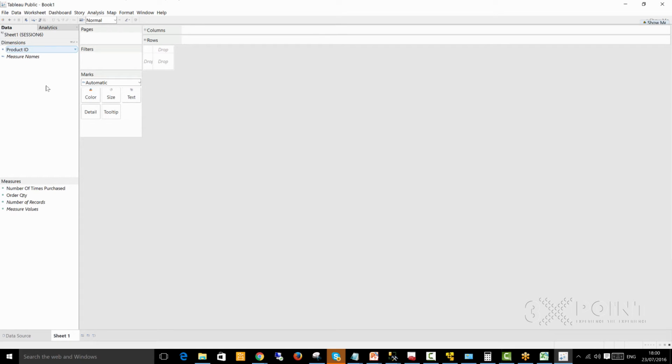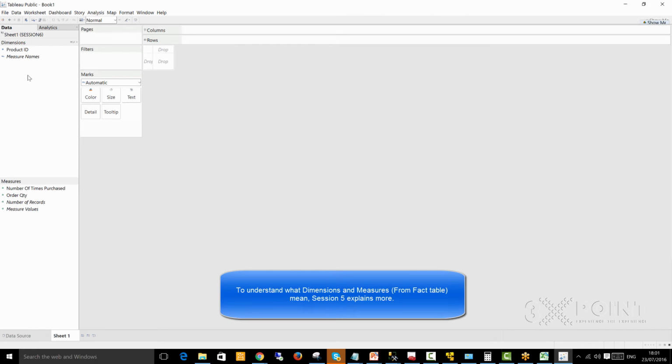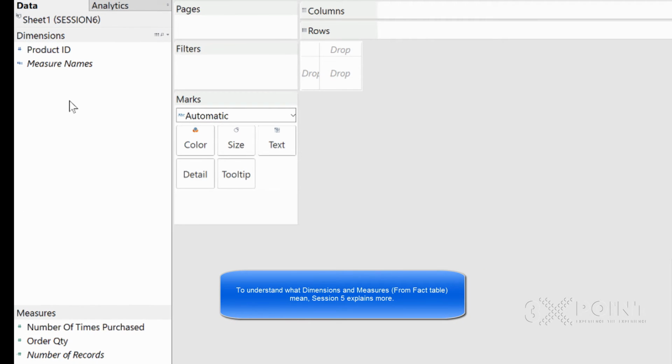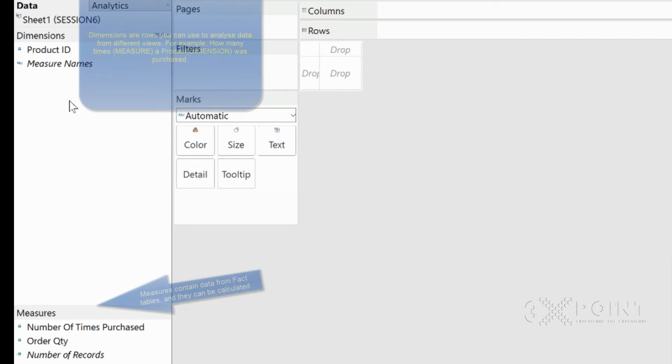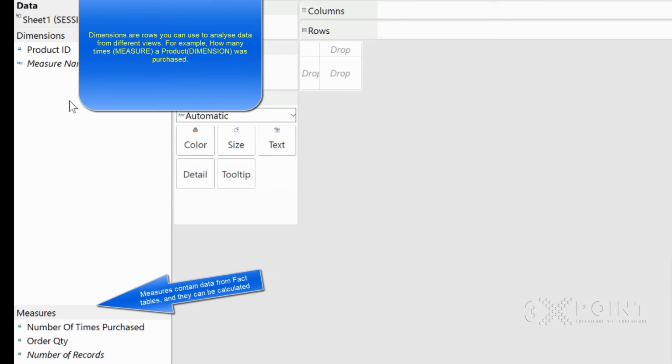And going by our lecture last week on session 5, where we talked about dimensions and facts, remember that dimensions usually are not the numbers that you do calculation or aggregation on, but facts contain the kind of data that we can do aggregation and calculation on.